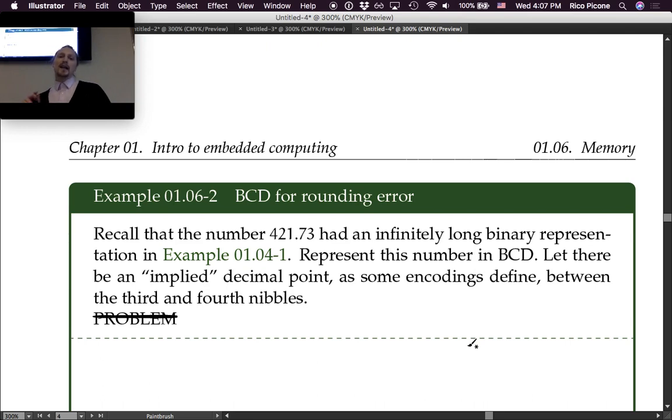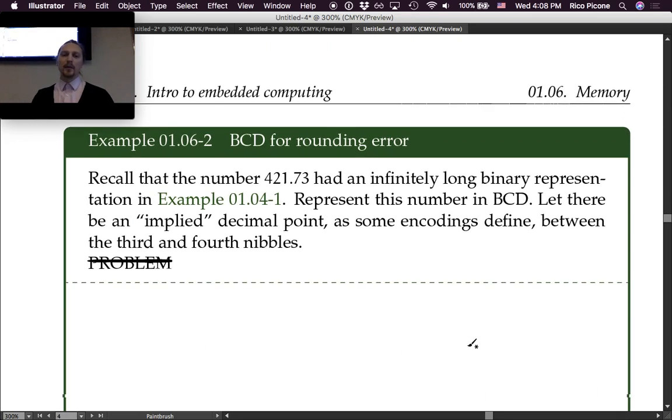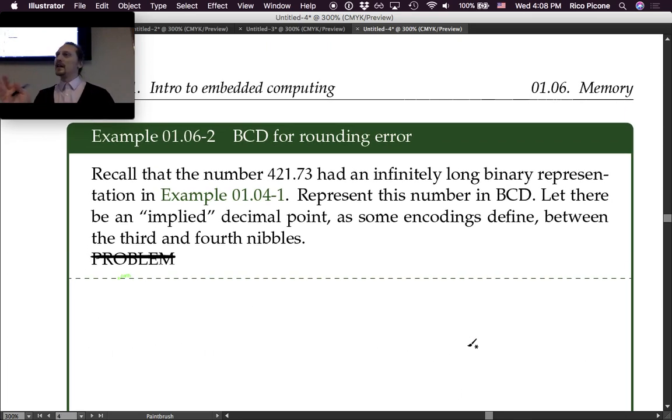Let there be an implied decimal point, as some encodings define, between the third and fourth nibbles. There are different encodings that define where the decimal point is, but suffice it to say that sometimes it's specifically between certain nibbles, or another possibility is that one nibble tells you between which nibbles the radix should be.